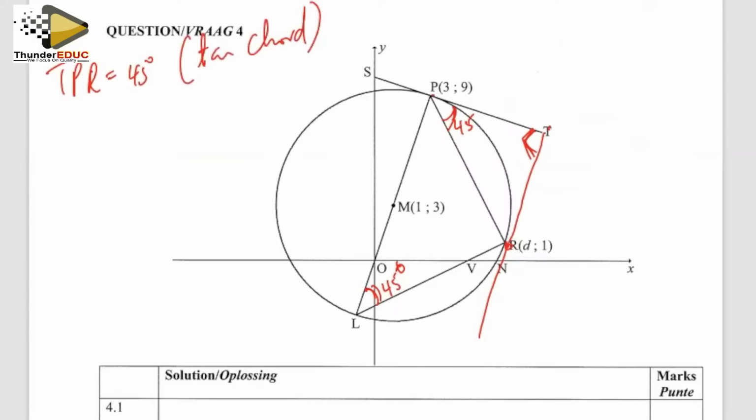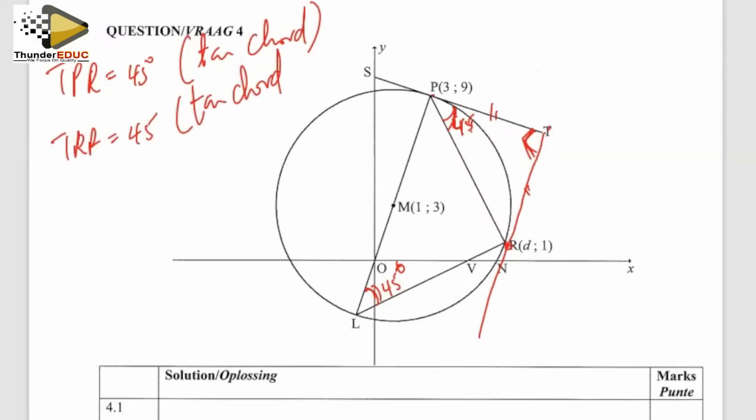Then, since I have this as a 45, I can declare TRP as a 45 also. I can either give the tangents from a common point are equal, or we can still use our tan chord because it still holds in this case.